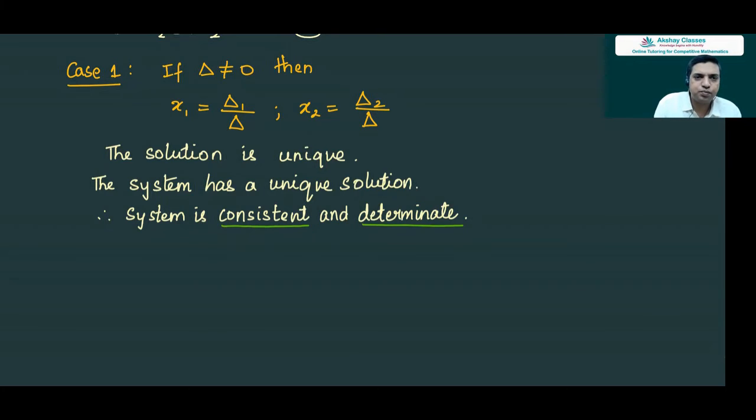Let us look at case 2. If delta is equal to 0 and delta 1 equal to delta 2 is equal to 0. So what are you getting? Look at our equations here.